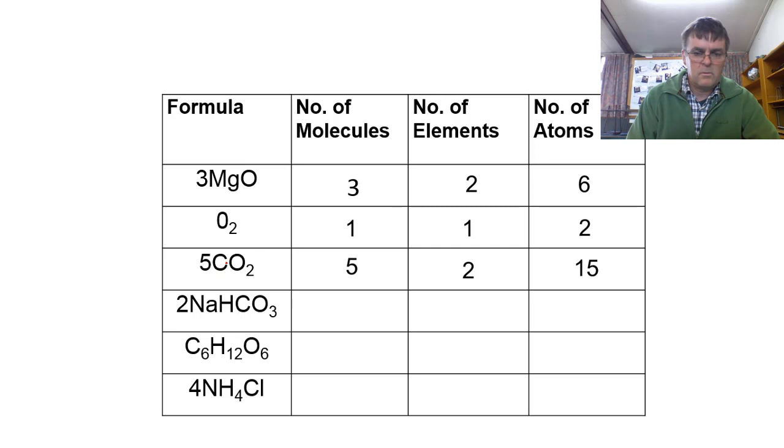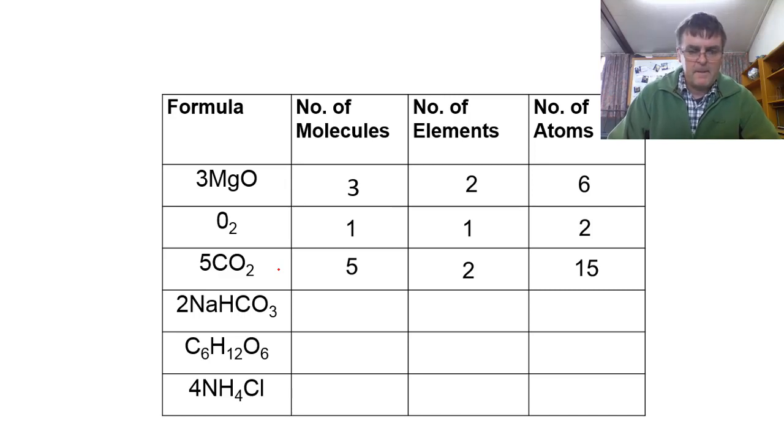So 5 carbons. And we've got the 5 times the 2 equals 10 oxygens. So 5 plus the 10 equals 15. Let's look at the next one.